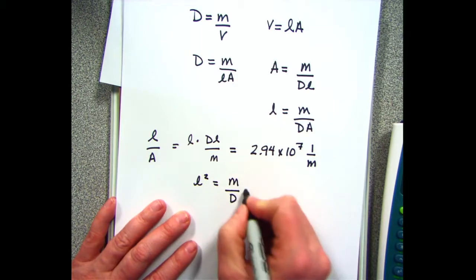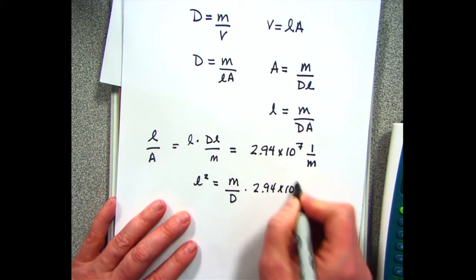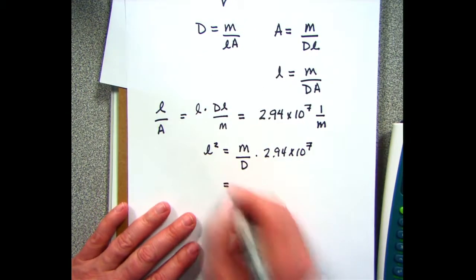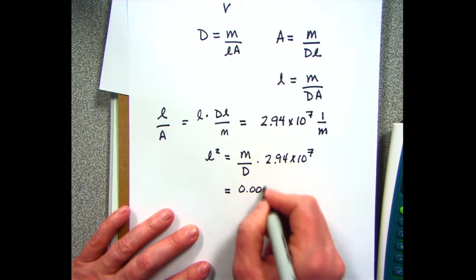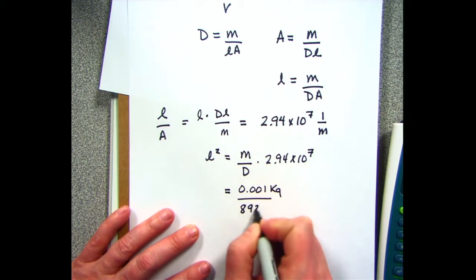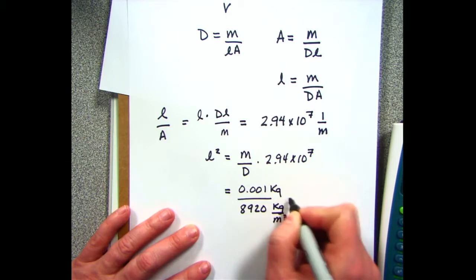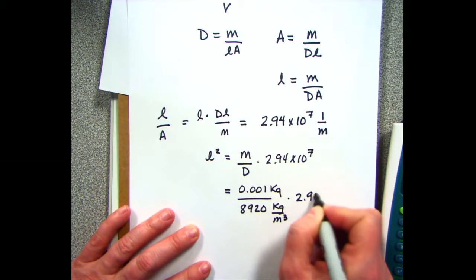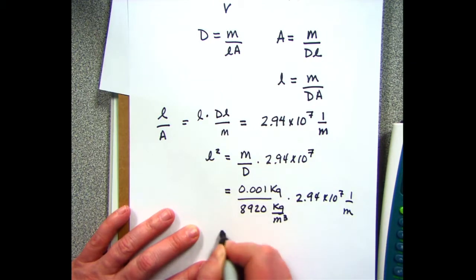Density is 8920 kilograms per meter cubed, times 2.94 times 10 to the 7th, 1 over meters. This gives me 3.3 meters squared, which gives me the length is equal to 1.8 meters. And you can do a similar analysis, and you'll end up getting a diameter of 0.28 millimeters.